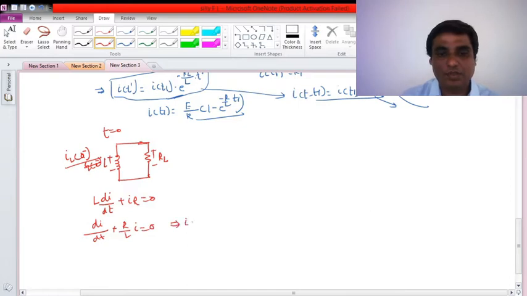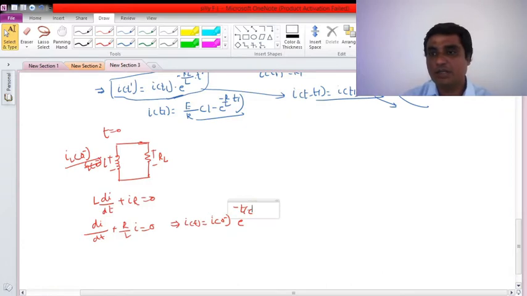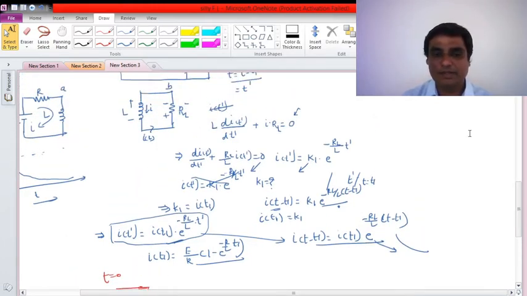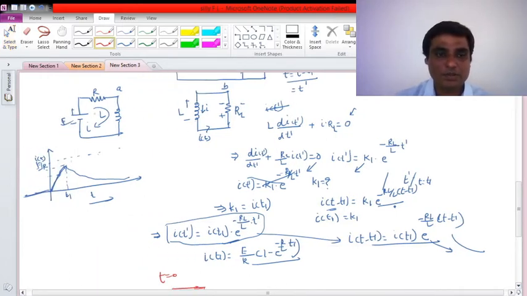So what is the solution? I of t will be simply I of 0 negative, whatever the initial current was, into e raised to minus t upon tau, which is the time constant. Here I want to tell you that this time constant and the earlier time constant are different, and may be different depending on the values of R and RL.